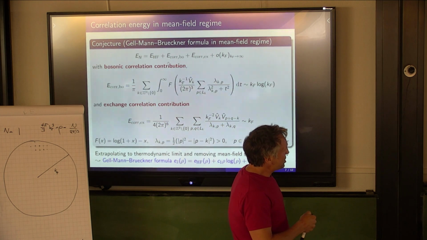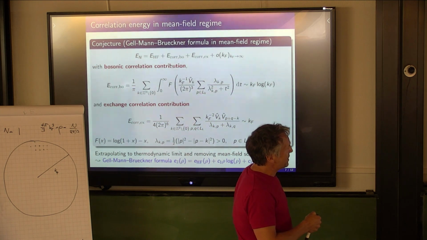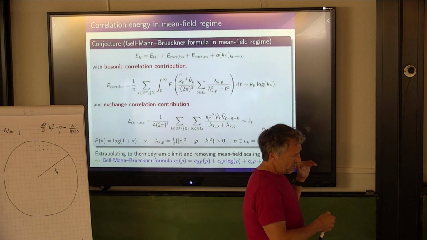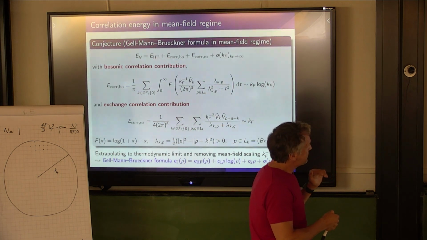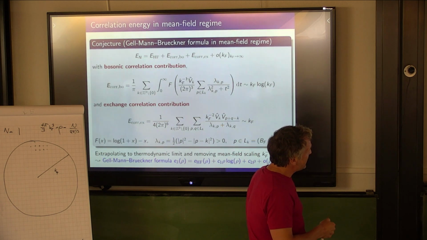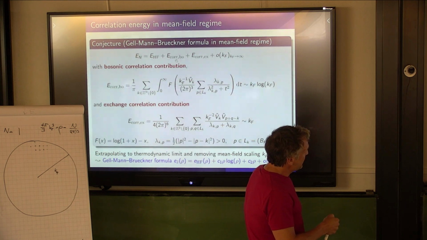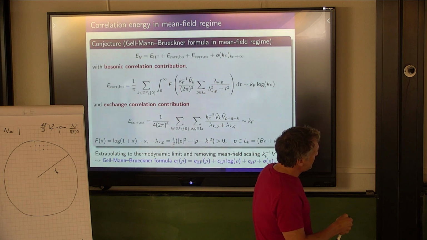And the translation is basically only saying that you don't take the infinite volume limit, and you just scale the potential by 1 over kf. That of course means that these terms, so first of all, are written in 2 terms.